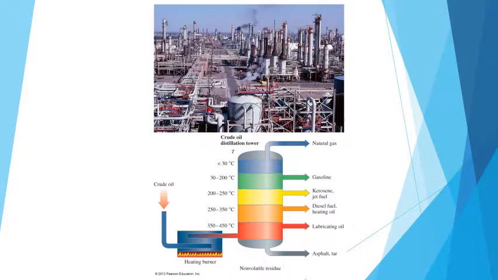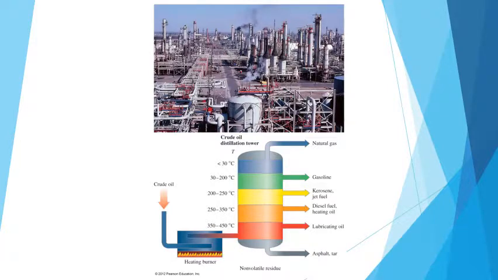Those giant distilleries have giant columns, and these columns boil the petroleum, and as the gas rises, the different materials condense to liquids at different heights in the towers. That's how they're able to separate the different components of crude oil.